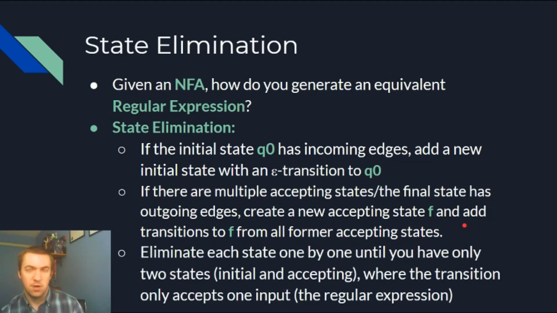Then, one by one, we're going to eliminate every state that we have, keeping track of what needs to be followed for any transitions to actually go through to let you go from one state to another, until all that's left is our initial state, the one that we added in our first step, and this state F at the very end, which doesn't lead anywhere and just is an accepting state.